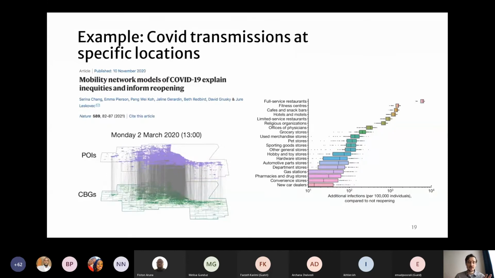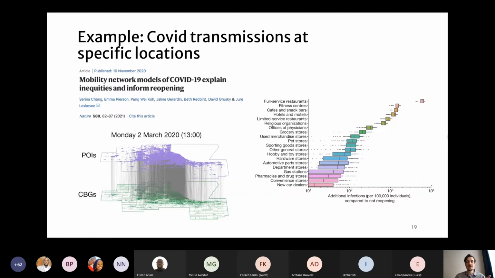So just to give an example of what value this GPS data can bring, I want to show one recent study from last year on COVID-19, where they have used this GPS data to get a network of points of interest. So this is shown here on the left. The purple plane shows a network of points of interest. So these are stores, restaurants, and so on, and how people move between them. And then what they did is simulate an epidemic on this network.